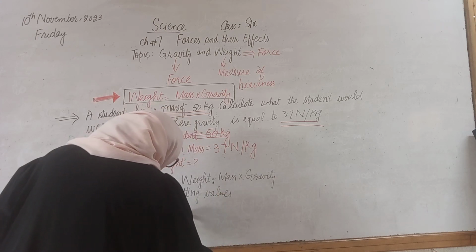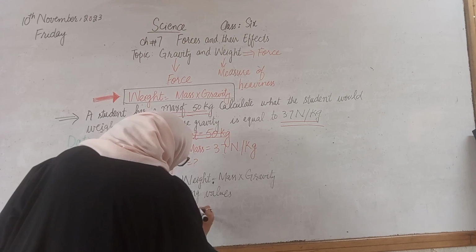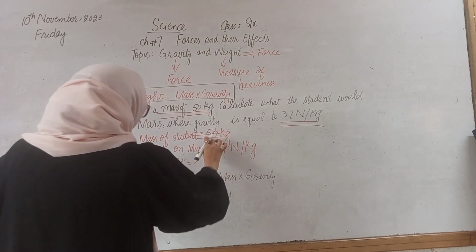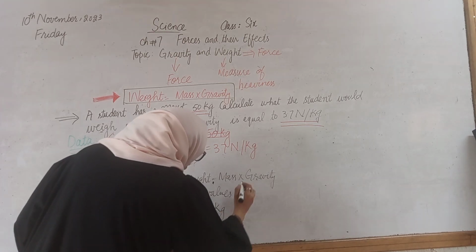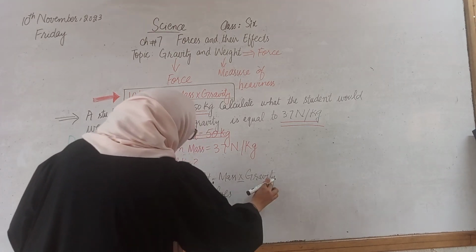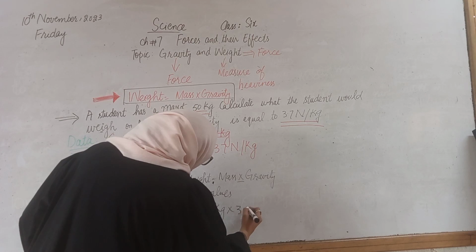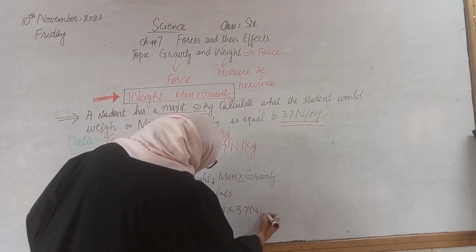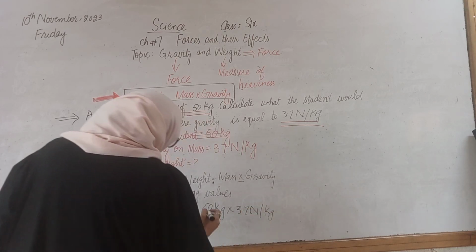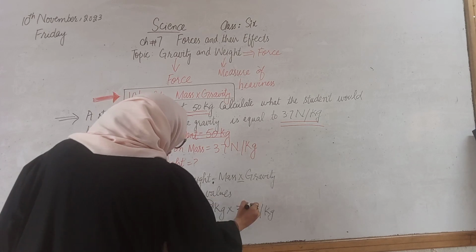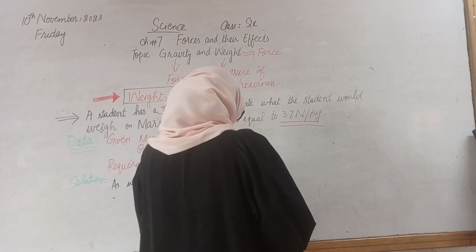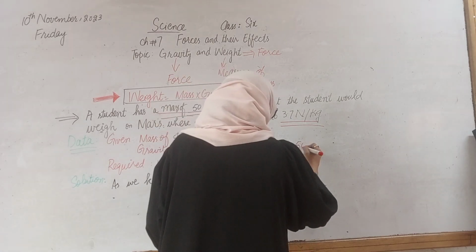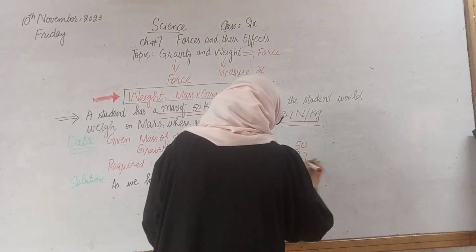Weight as it is. In place of mass, we will write 50 kilogram. Multiply gravity, we have given 3.7 Newton per kilogram. We will multiply 50 with 3.7 on the side.